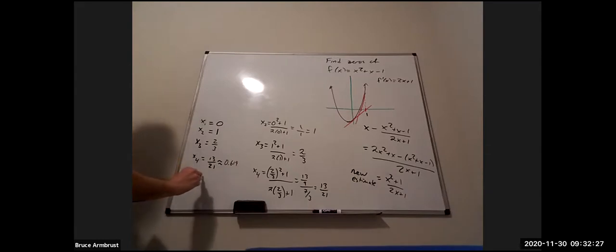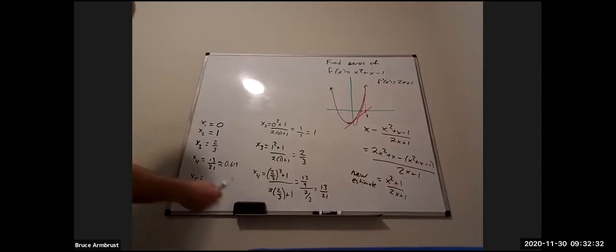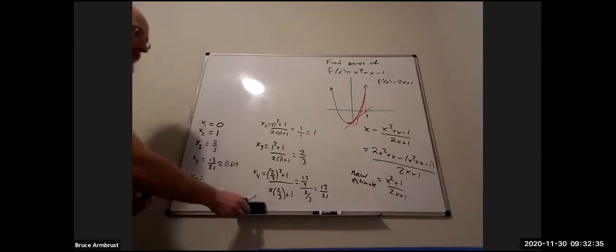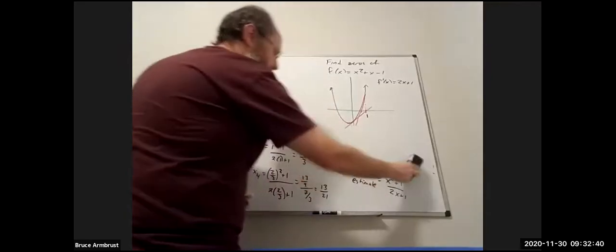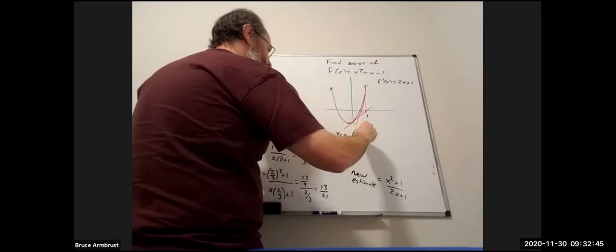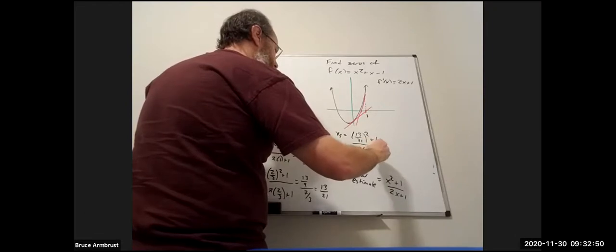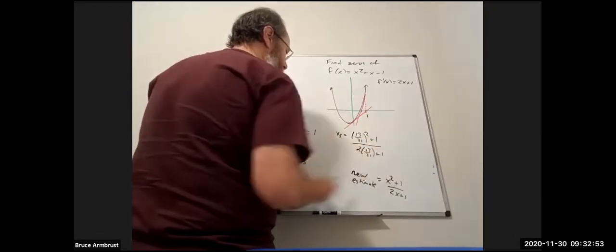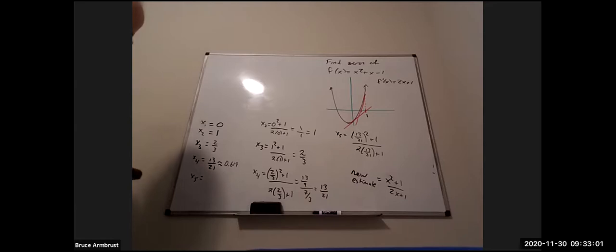Okay, well, I'm going to get one more. I'm going to go to x5. Now, x5 can be found exactly the same way. It's just in this case, we're going to plug in 13/21. So x5 is going to equal 13/21 squared plus 1 over 2 times 13/21 plus 1. I am most definitely not going to do the fraction stuff on that. But let me just see what we get here.